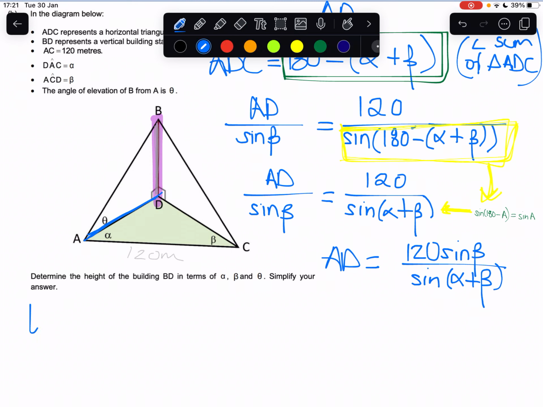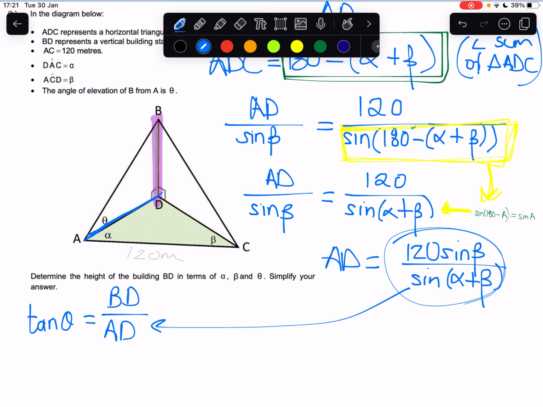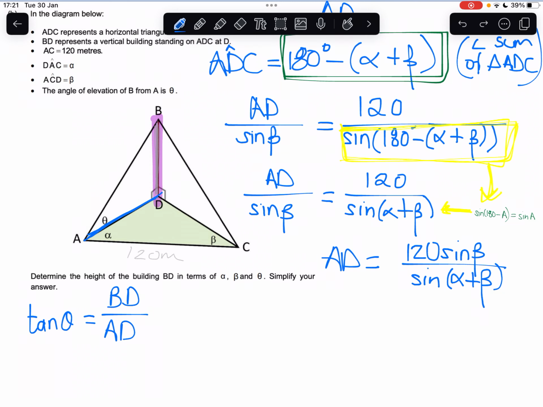Okay, so what does tan tell us? We know that tan of theta is going to be equal to BD over AD, right? And so I am not going to put this in here just yet because I would rather first get BD by itself, right? So this is just the same as saying BD is equal to AD times tan theta. Okay, so now we can bring in this big fraction.